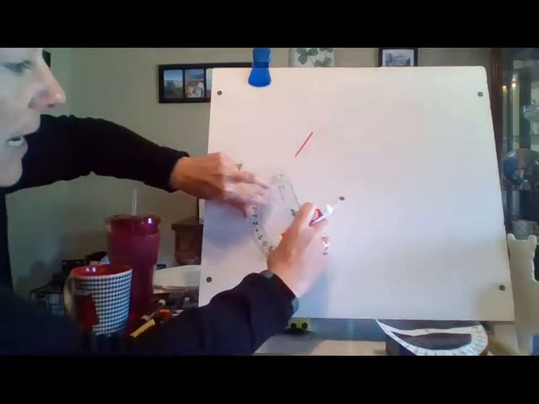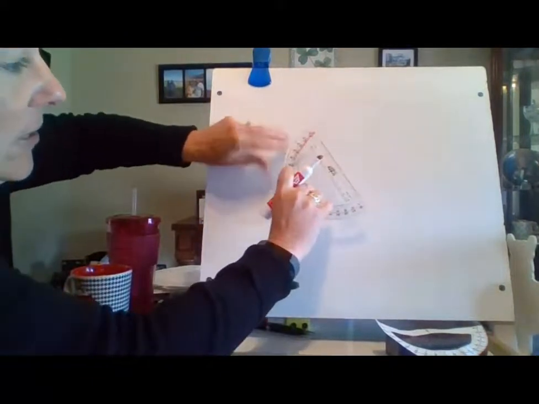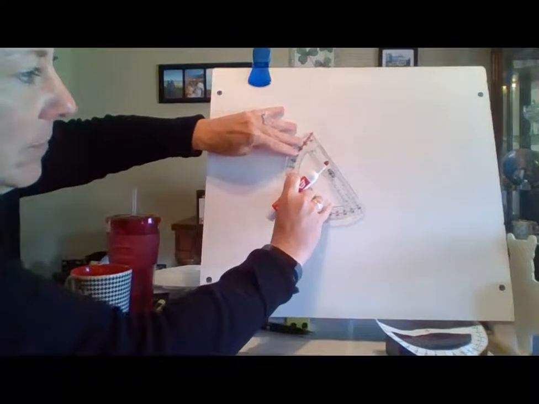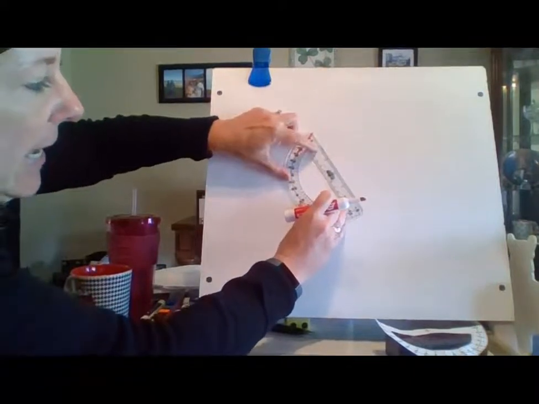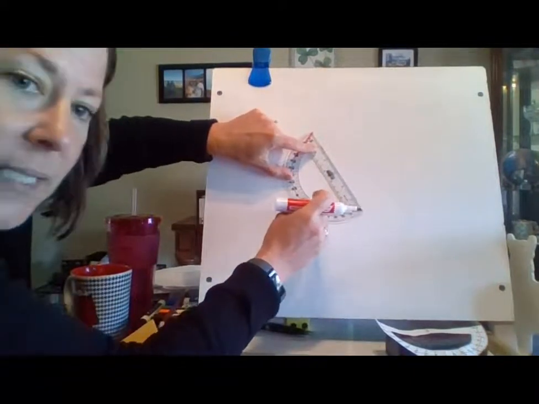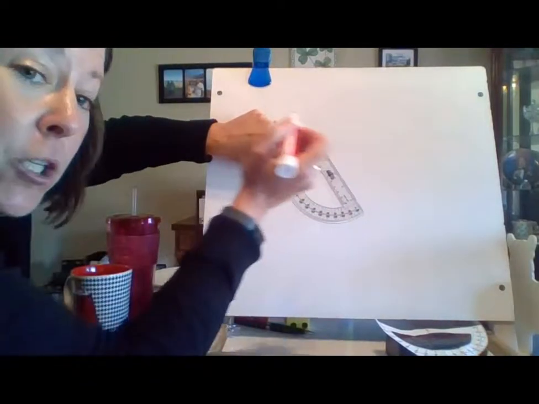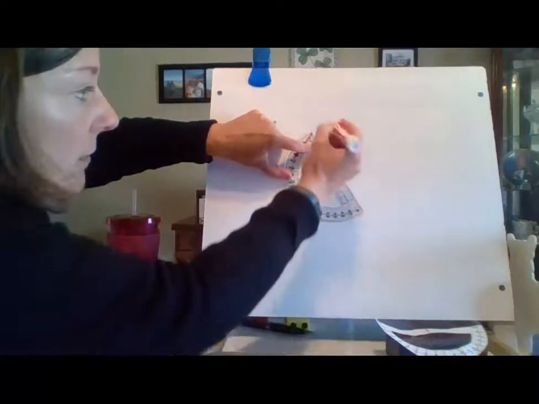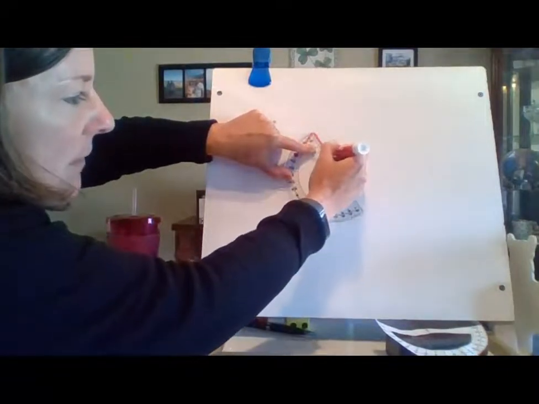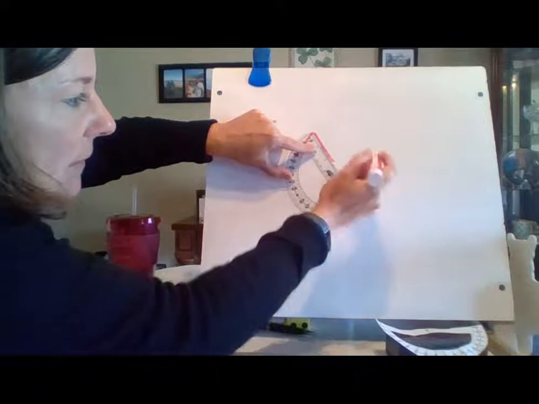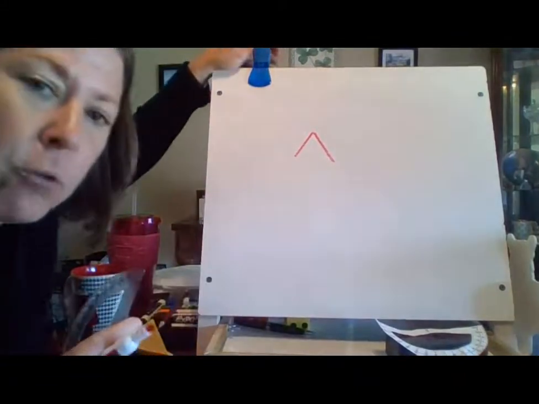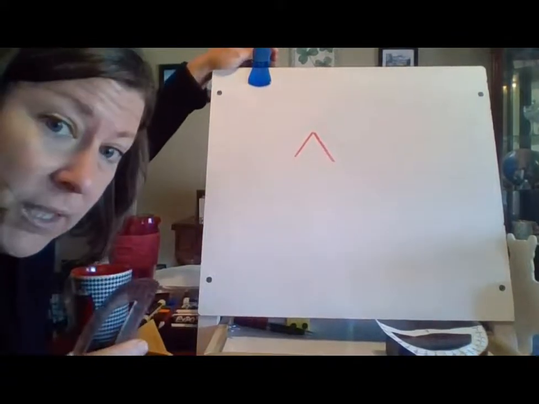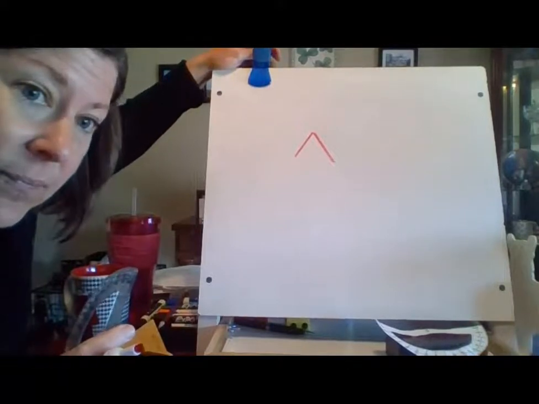Now I'm going to go to the other side and do a segment that is a little more than 2 inches long. Okay, so I made it about 2 1/4 inches.